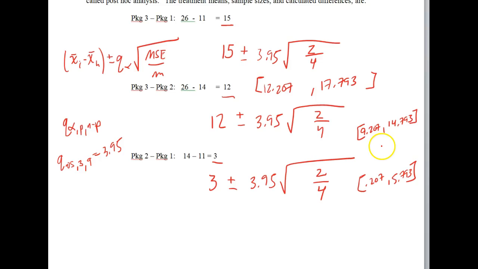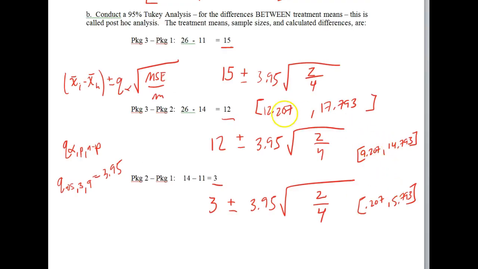So now we look at this and we see that none of these intervals have 0 in it. Some of them are a little closer to 0, with 0 meaning there's no difference between the means. Some of them are clearly stronger than others, right? So this 12 to 18 kind of interval indicates that we're really confident that those means aren't even close.